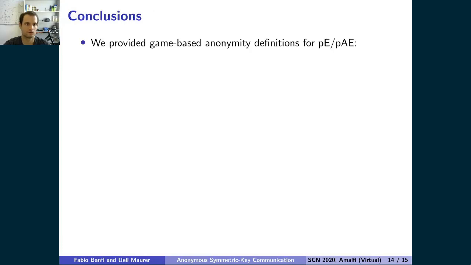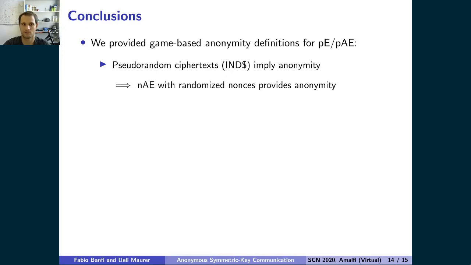So in conclusion, we provided game-based anonymity definitions for PE and PAE, and we saw the following two results, namely that pseudorandom ciphertext, or IND$ security, implies anonymity. And this is important because it shows that NAE schemes where randomized nonces are used already provide anonymity.